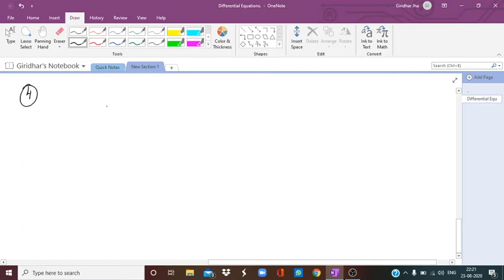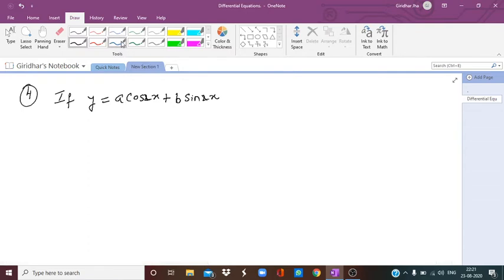Form the differential equation if y equals a cos 2x plus b sine 2x. Fine. This is in fact a solution as well as a curve. So we have to form the differential equation of this curve.